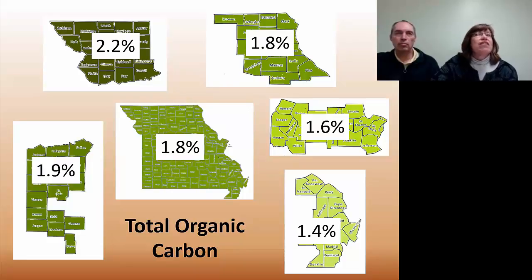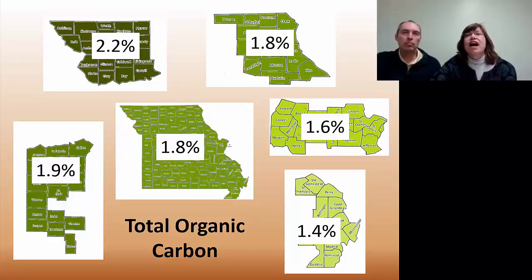So if we have a sample submitted from the Boot Heel region with 1.4% organic carbon, that's average. But if we had it received from the Northwest region of the state, that would be well below average. So you can see the range we have across the state, it can range 50% higher than what it is at the lower part.